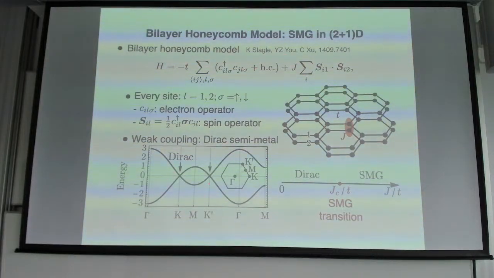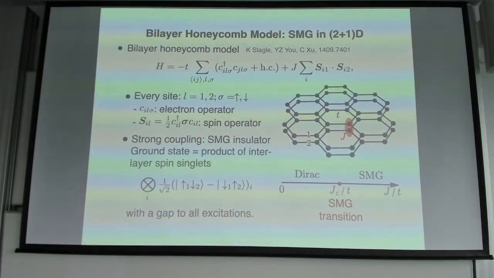And then you will find that it's 2 layers of graphene, and we know famously graphene has these Dirac fermions at the Fermi surface. Basically, each layer produces 2 Dirac fermions at the corner of the Brillouin zone of the graphene at so-called K and K prime points. And if you have 2 layers, of course, then the band structure will be degenerate. But that's essentially the picture at weak coupling.